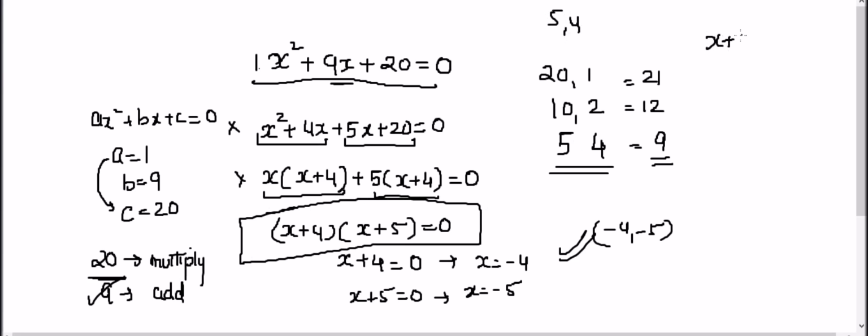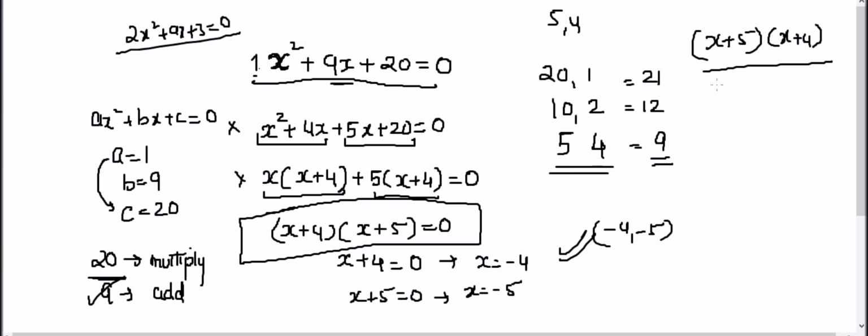So just x plus 5, your first number, x plus 4, your second number. These are your factors, but it's applicable only when the coefficient of x squared is 1. If the equation is 2x squared plus 9x plus 3 equals 0, you can't directly jump to this step. You have to go through these steps then.